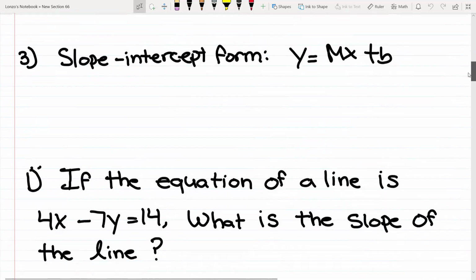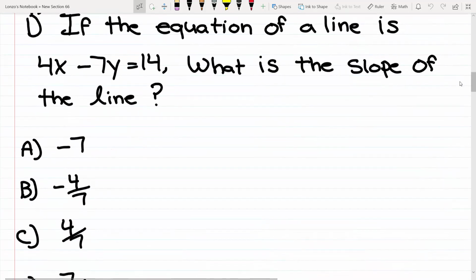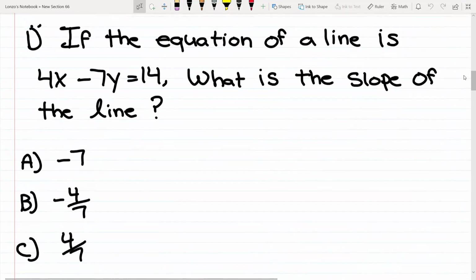Okay, let's start with question one. Question one says, if the equation of a line is 4x minus 7y equals 14, what is the slope of the line?